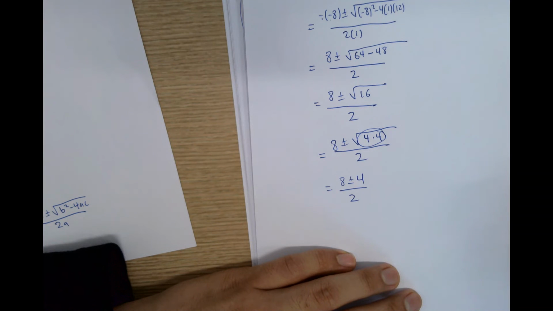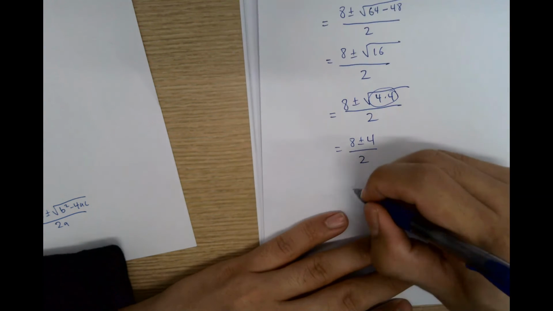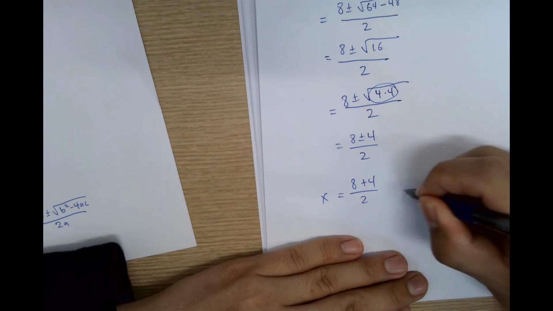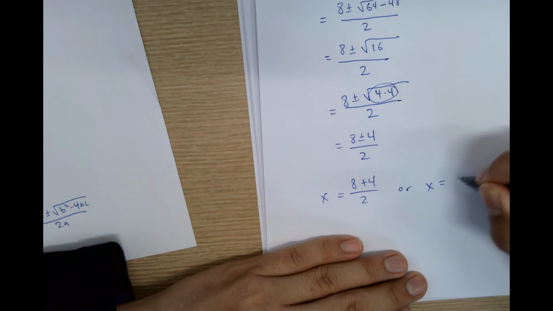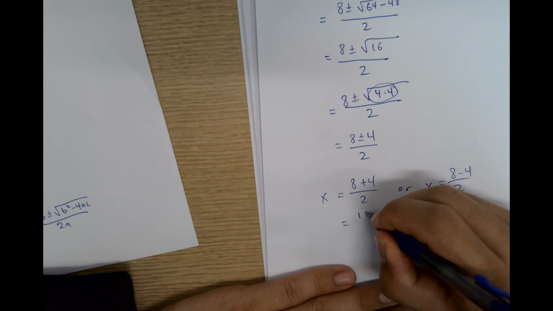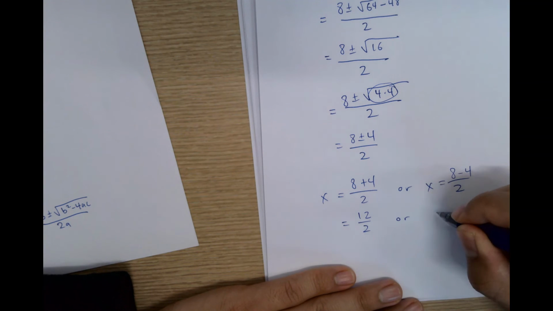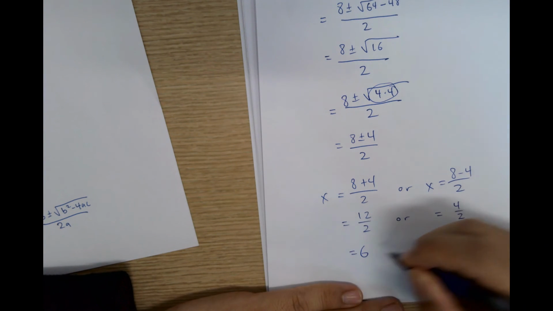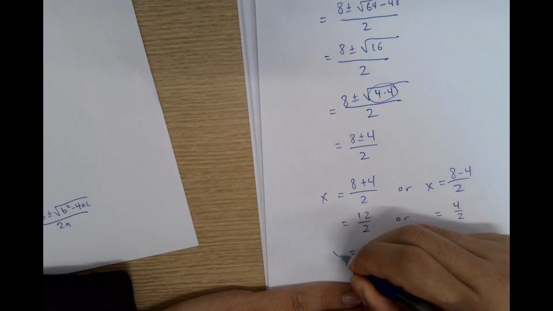Since this is plus or minus, that means x equals 8 plus 4 divided by 2, or x equals 8 minus 4 divided by 2. Then you would solve: 12 divided by 2 equals 6, or 4 divided by 2 equals 2, so x equals 6 or x equals 2.